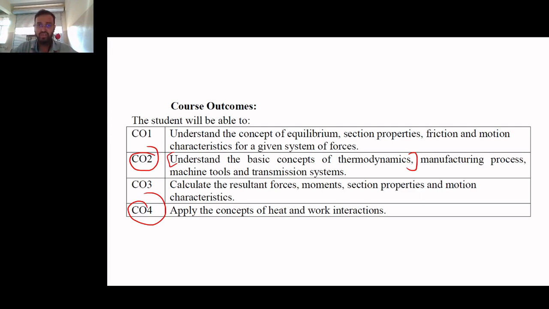So, in our time together, we will try to ensure that you all understand the basics of thermodynamics absolutely well. Okay, so let's look at what you will be studying in the coming classes.